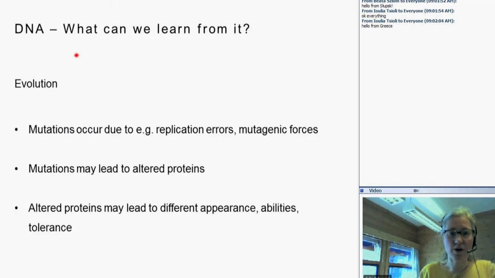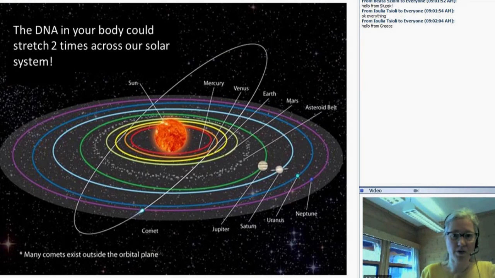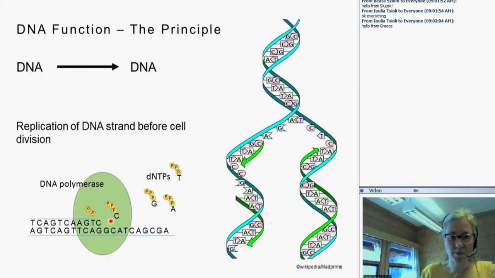Okay, so what can we learn from the DNA? You saw the process of replicating the DNA with the polymerase, I go back there again, with the polymerase here building and replicating the DNA.